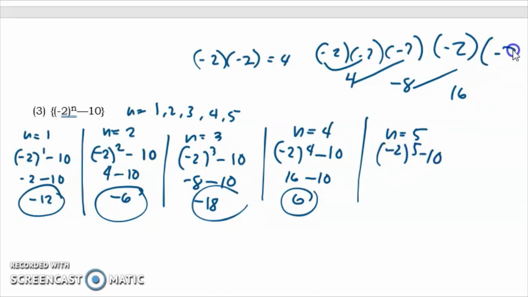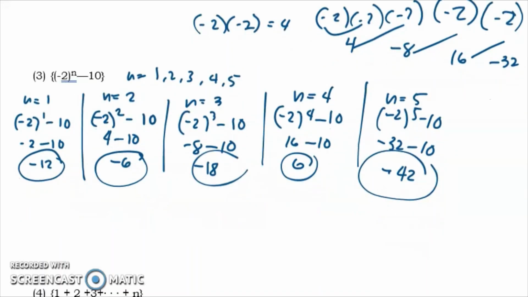Oh, ihabol lang natin to dito. So, that's negative 32. Negative 32 minus 10 is negative 42. Correct. Okay, so we have now negative 12, negative 6, negative 18, 6, and then negative 42.